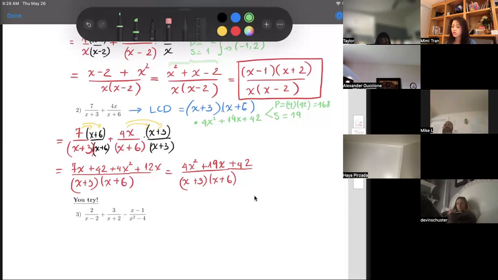Did anyone find the two numbers? 12 and 14. That's 20. No, 168.